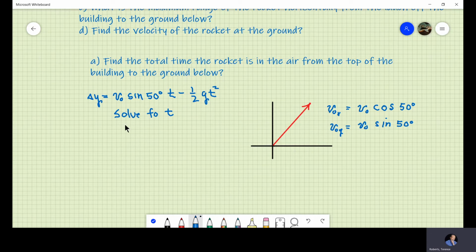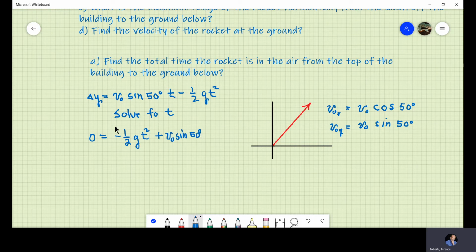Well, I have to use the quadratic equation. So I need to set this equation up in a form that's equal to zero. So 0 is going to be equal to minus 1/2 g t squared plus v naught sine 50 degrees t.